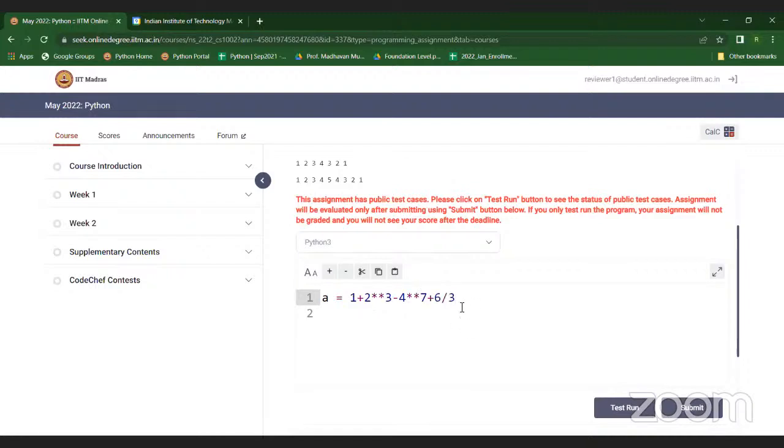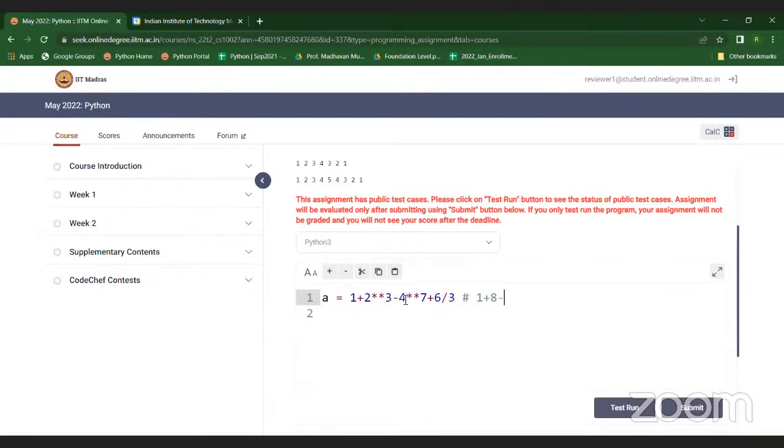This is my problem. Right now, first we do the exponential one, 2 star star 3. This is equivalent to 1 plus 2 cube, which is nothing but 8.